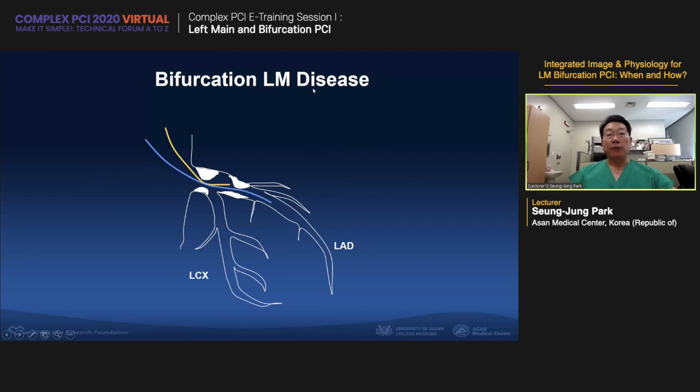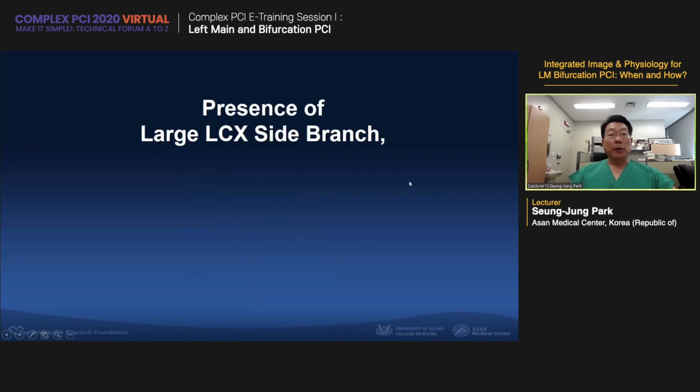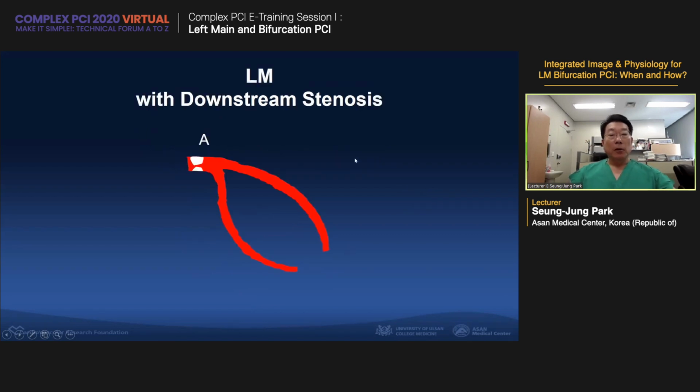However, in left main bifurcation disease, there may be some problems measuring the FFR. So look at this: if there is a large circumflex side branch, does it really matter in practice for measuring the physiological FFR? Right, look at that.